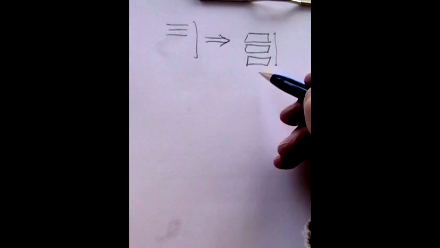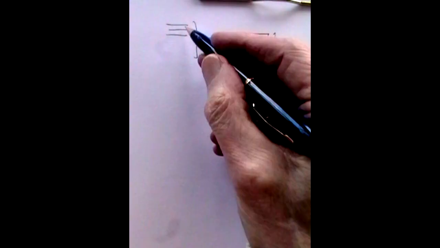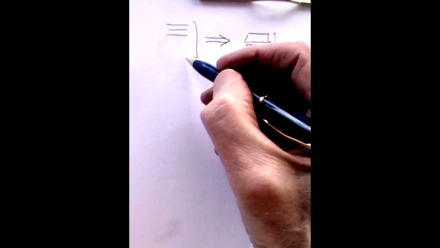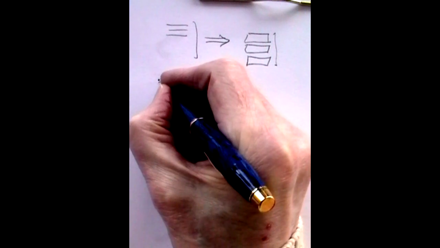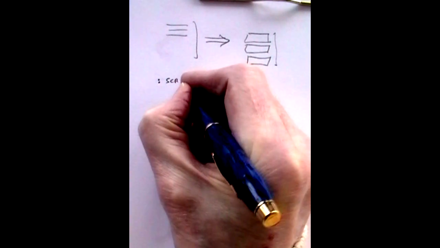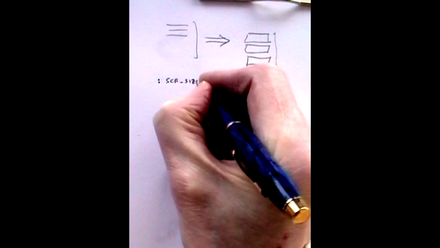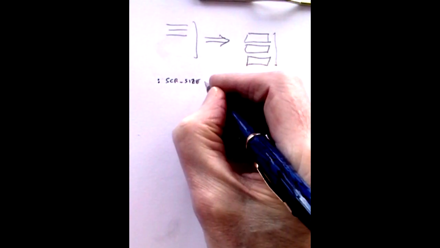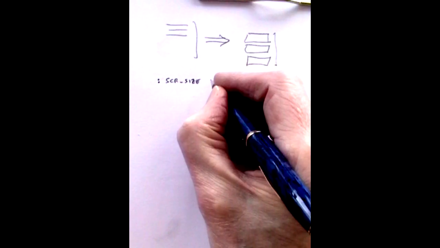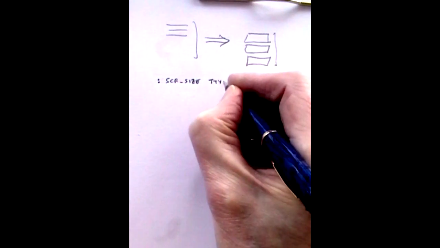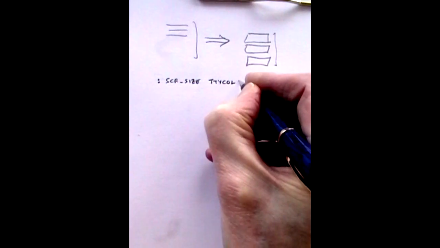So how many sectors do we need for the worst case scenario when the screen is completely full? Let's define a word that will do that. Screen size. We can use some more system calls. It's the number of columns by the number of rows. So there's a convenient TTY cols.